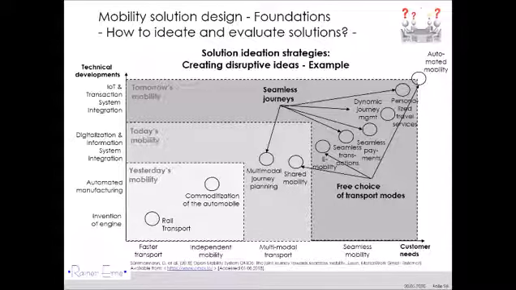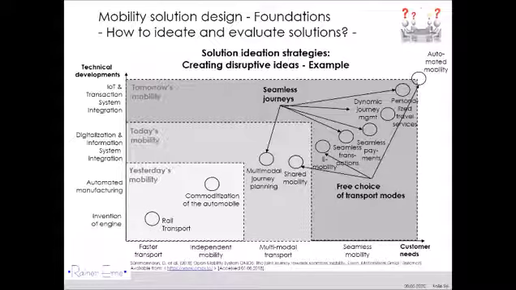And in my point of view, the mobility as a service solution can be categorized or can be viewed as a solution which disrupts the model of individualized motorized transport. As you can see here in this graph, we still have a mobility model at the moment of individualized motorized transport.